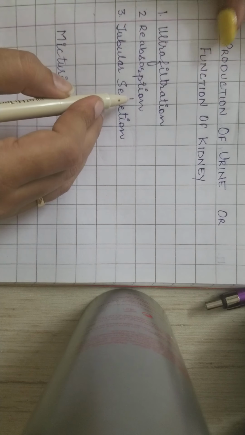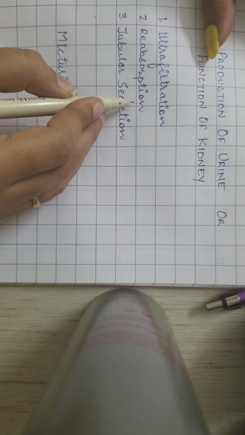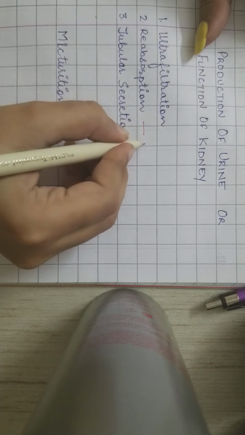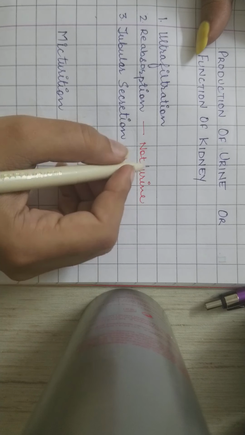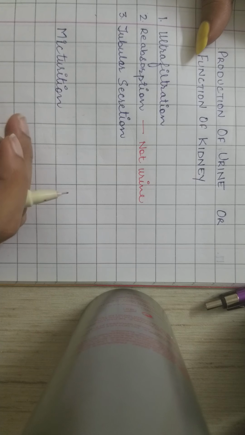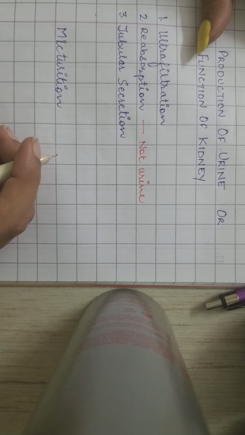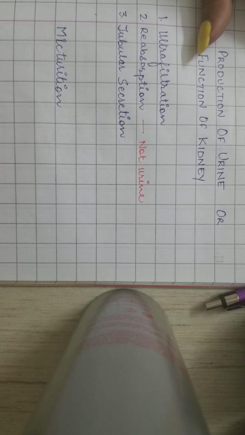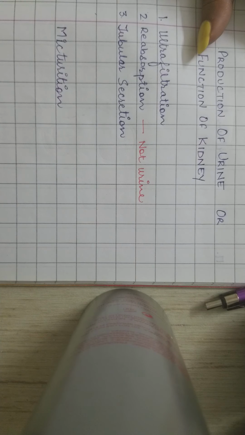Next is reabsorption. The glomerular filtrate entering the renal tubule is not urine. It is a dilute solution consisting of glucose and some sodium salts. When this filtrate passes down the tubule, much of the water is reabsorbed.